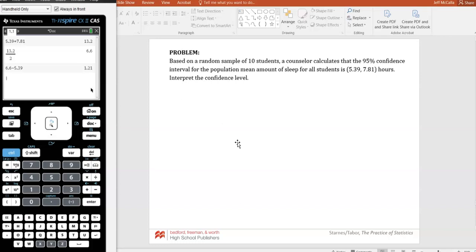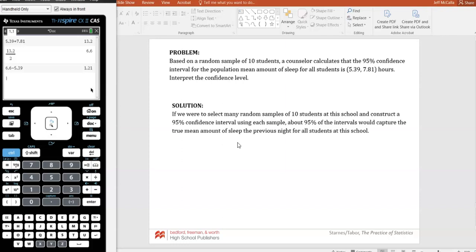Based on a random sample of 10 students, a counselor calculates the 95% confidence interval for the population mean amount of sleep for students. Interpret the confidence level. So if we took many, many samples of size 10, about 95% of the intervals that we got from that would contain the true mean amount of sleep for the students.